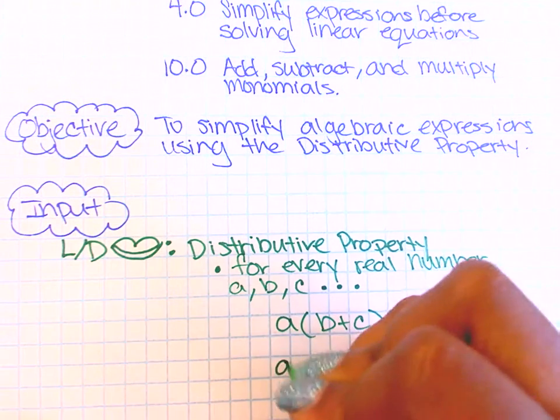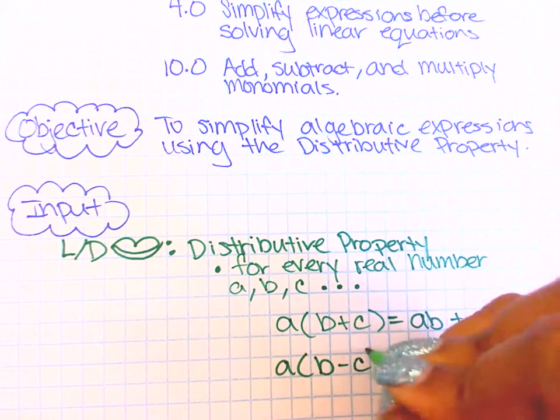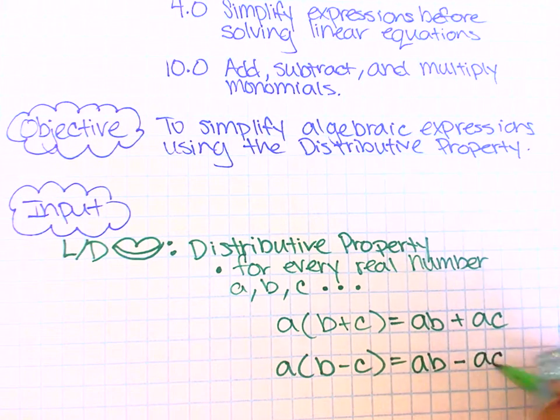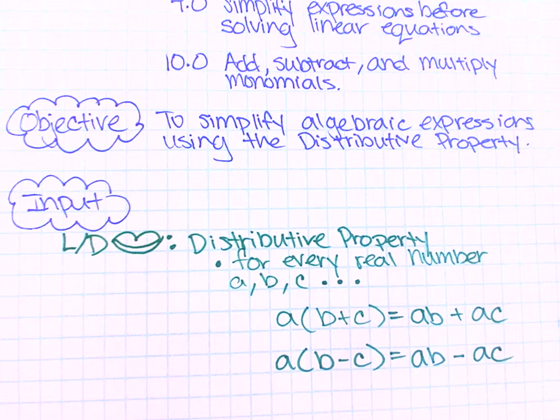And if we have A multiplied by B minus C, we will get AB minus AC. That's the definition of the distributive property.